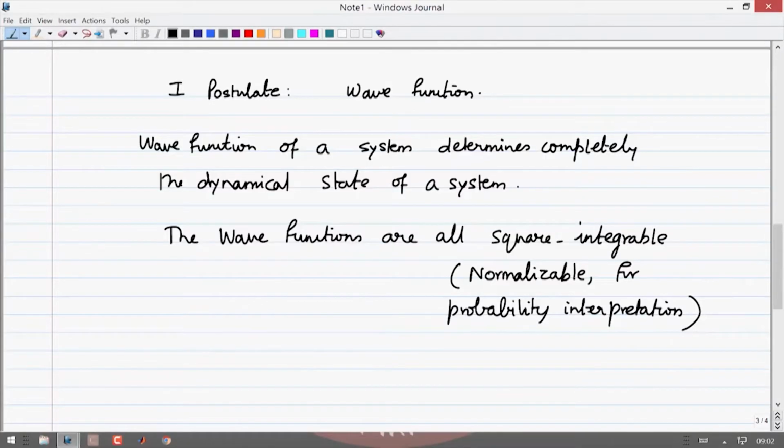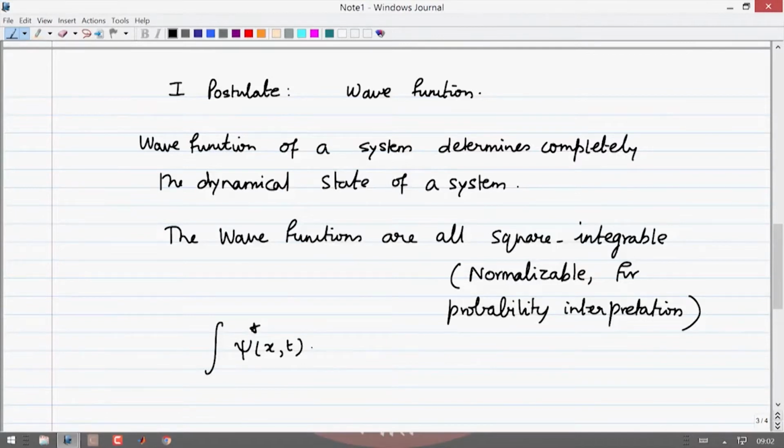What is meant by this is something that you have already seen. If the wave function is psi of x and t, it is also time dependent, but we have not talked about the time dependence until now. The x is a representation for all the coordinates that are used to describe the wave function.